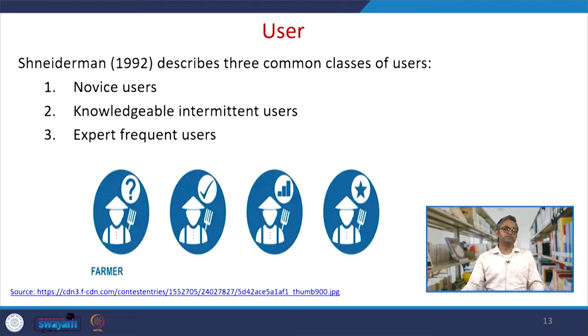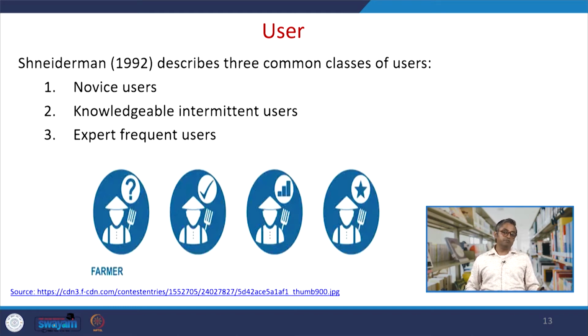Generally, these expert users have a lot more experience than the novice user and intermittent user. The more time you spend with the system, the more expertise you will build.